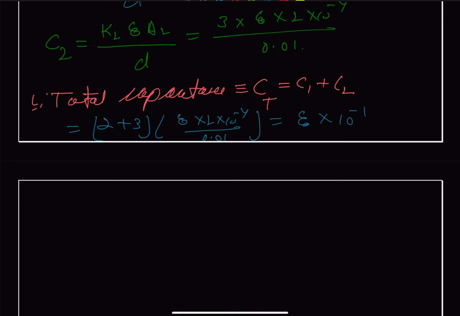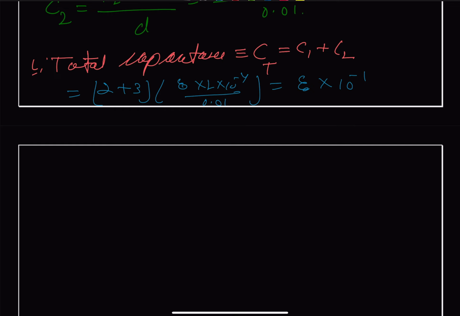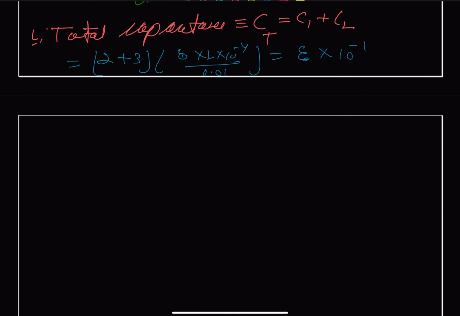And epsilon naught we just found is 2.5 into 10 to the power minus 4, so CT will be 2.5 into 10 to the power minus 4 into 10 to the power minus 1, giving 2.5 into 10 to the power minus 5 farads, or 25 microfarad.